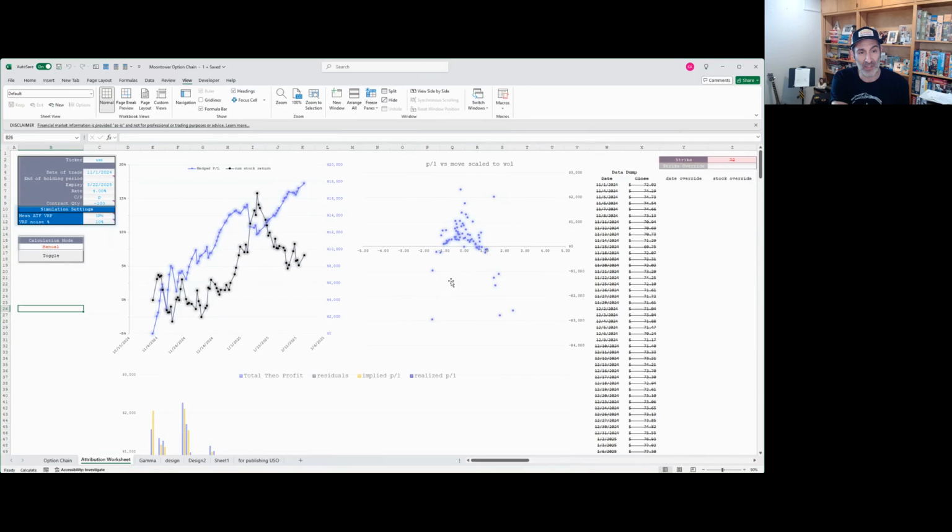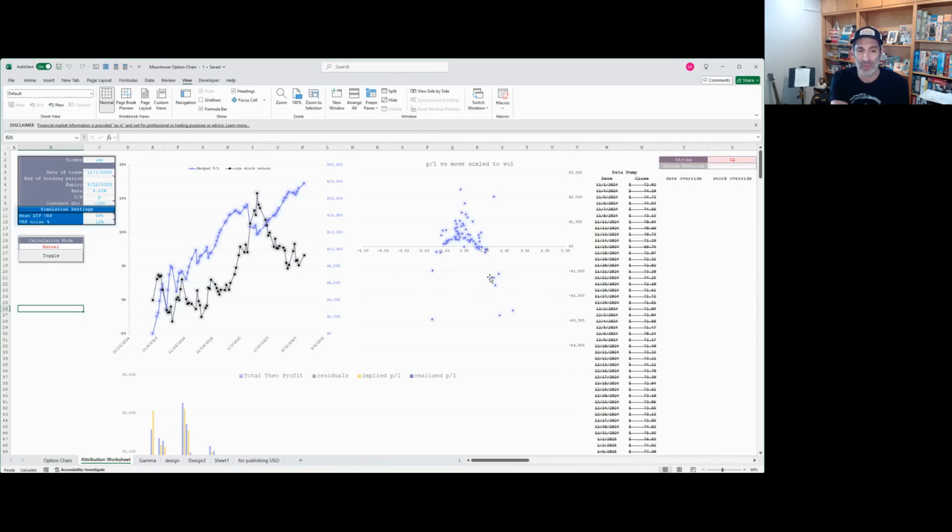You can kind of see how this works. If I just draw an imaginary line here, it looks like maybe you're making on average something like $700 on the days when the stock doesn't move more than one standard deviation. And then you're losing about 3 times as much on the days that it does.